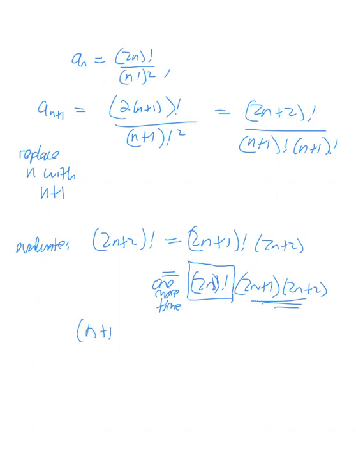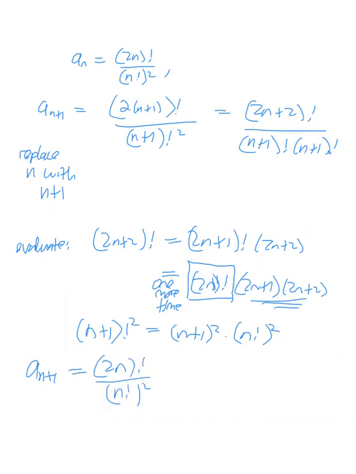So (n plus 1) factorial, on the other hand, squared. That should be straightforward. This is just (n plus 1) squared times (n factorial) squared if I just use that expansion one time. So overall, a_{n+1} should just be (2n) factorial divided by (n factorial) squared if I just collect this term and this term, and then I just add the extra stuff.